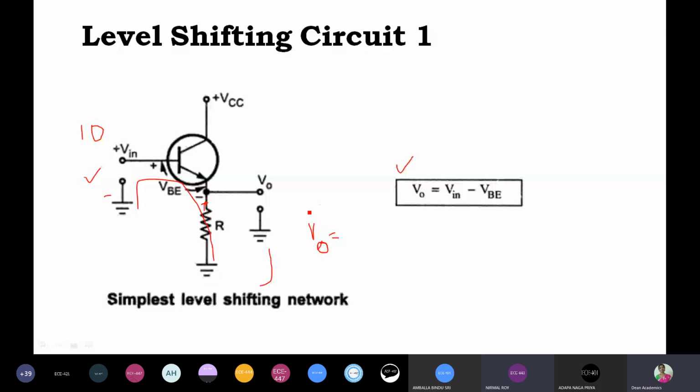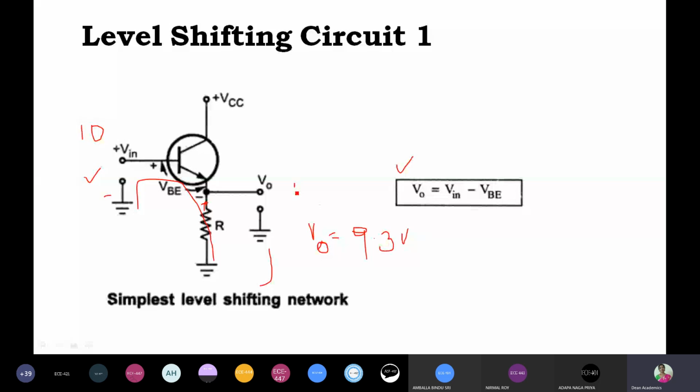Very good, 0.7 volts. So Vin is 10 volts, minus VBE 0.7. So what is V0? 10 minus 0.7, that is 9.3. Right? So if Vin is 10 volts, V0 is 9.3.